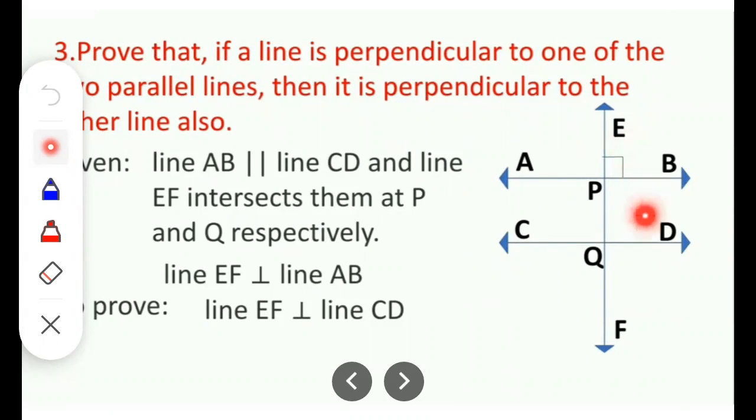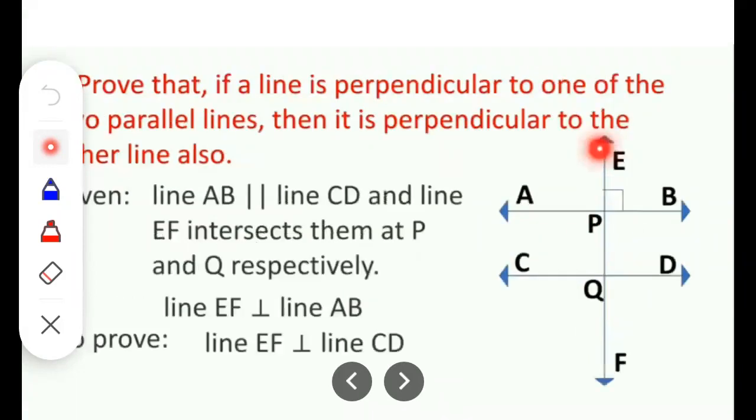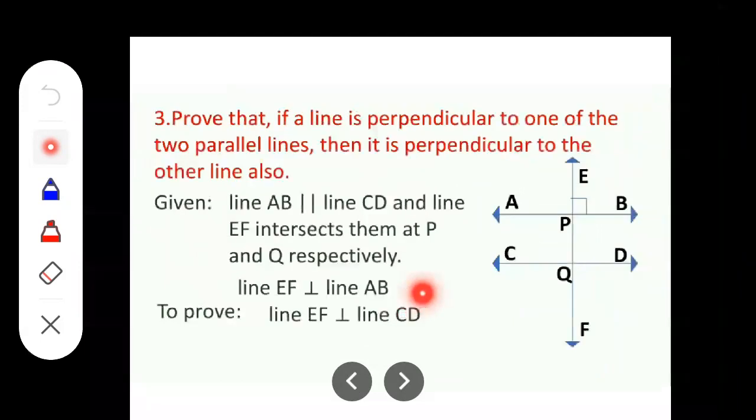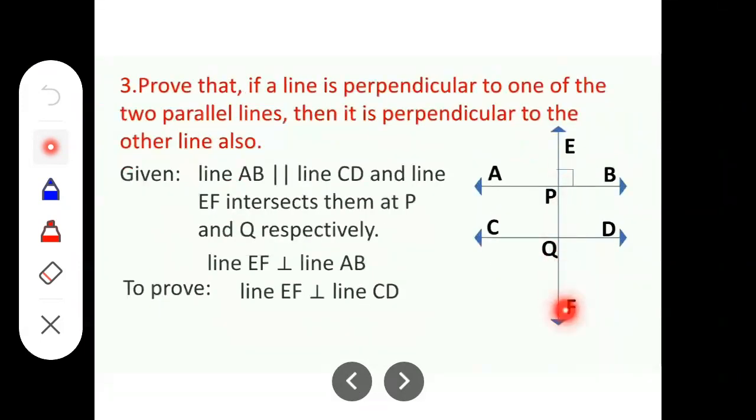Those two are parallel lines, and if we consider this as a transversal, then because of two parallel lines along with their transversal, this angle and this angle are corresponding angles.